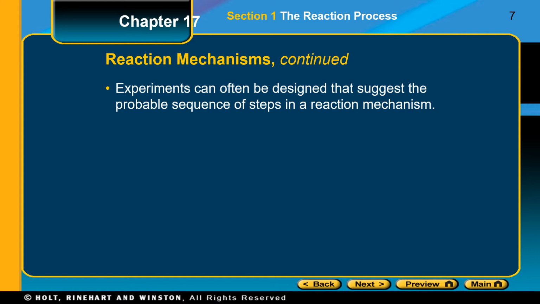We have to design experiments that can reveal if this intermediate step, like for instance the two separate iodine atoms or the two separate hydrogen atoms, occurs, maybe by designing an experiment in such a way that if they actually occur, something else will be formed. So experiments are how they have come about learning all these things.